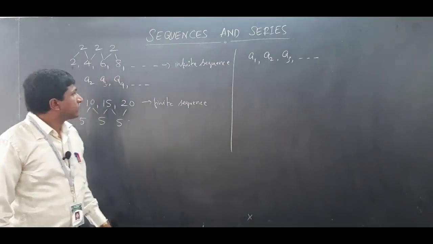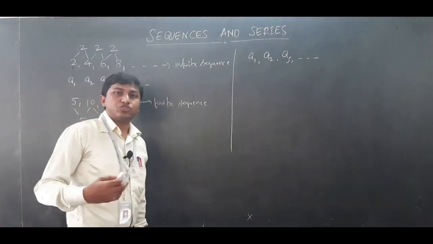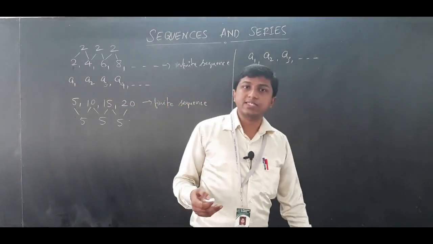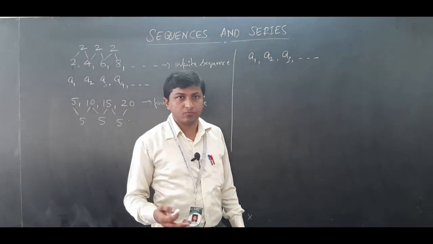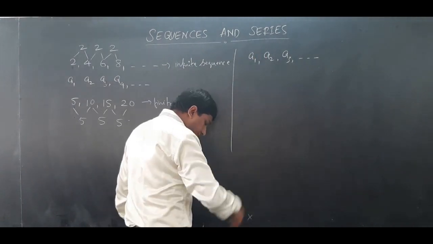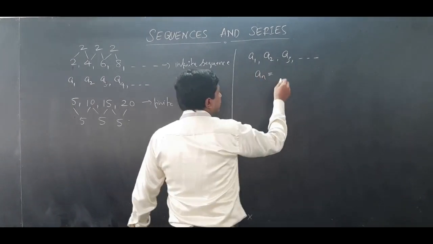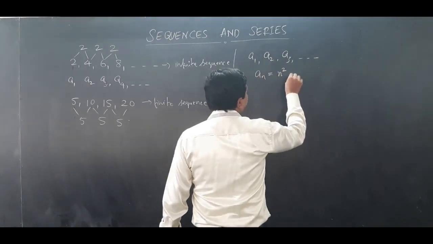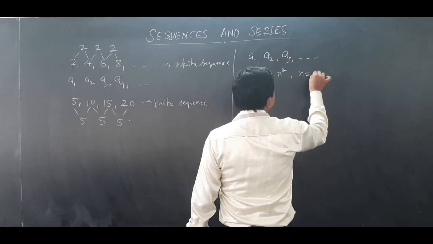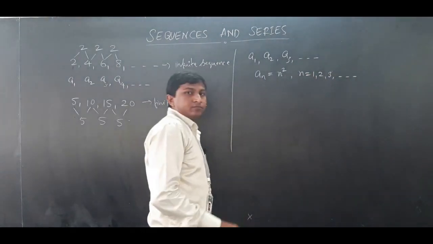Okay. Now, we have denoted sequences like this. Also, we can denote sequences by a general term. Okay. So, how might it look like? Suppose I write A_n equals, say, n square, where n equals 1, 2, 3 and so on.